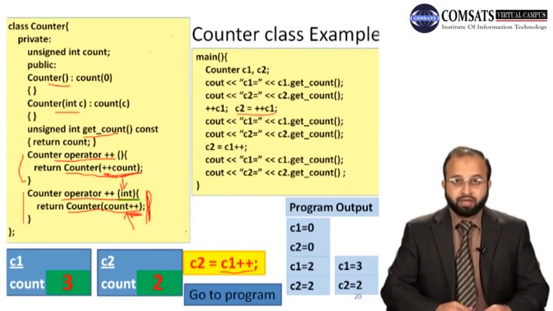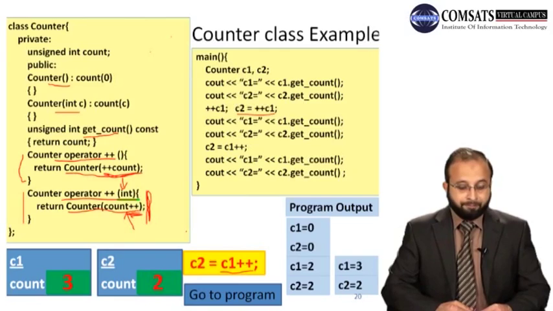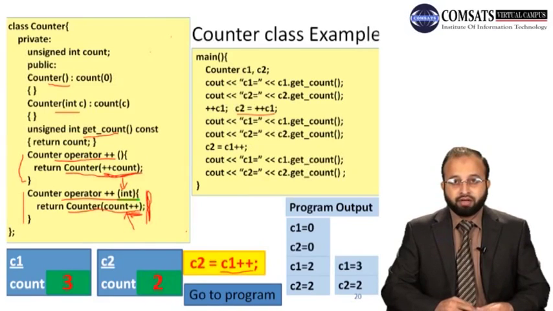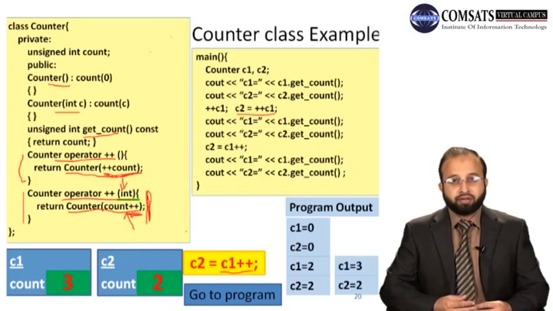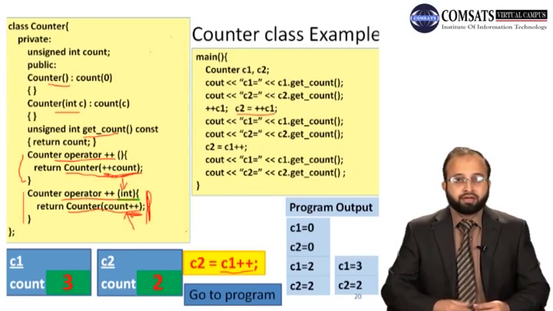In today's lecture we have seen the operator overloading. That is a very powerful feature in C++, and C++ only allows to overload the operators that are present in the operator list of the C++ language, and it won't allow us to create a new operator.